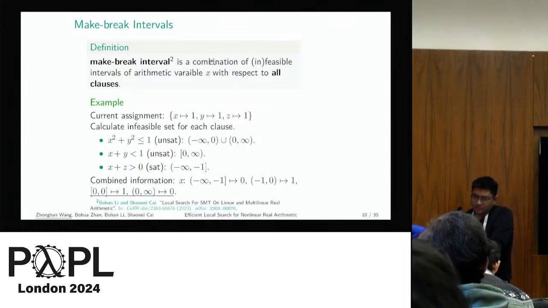Actually, it's a combination of all invisible intervals. So in the previous example, if x takes a value lower than -1, the score is 0, and otherwise it gets a different score.